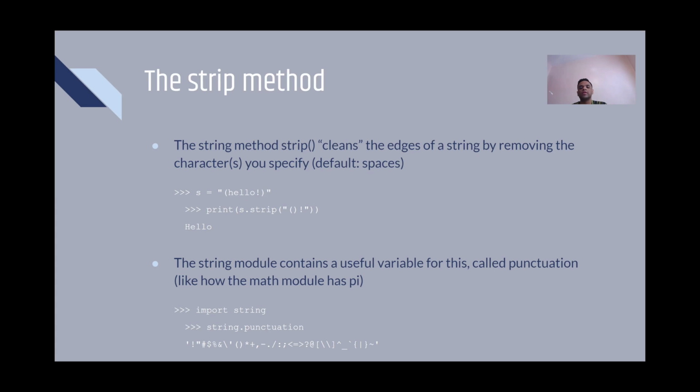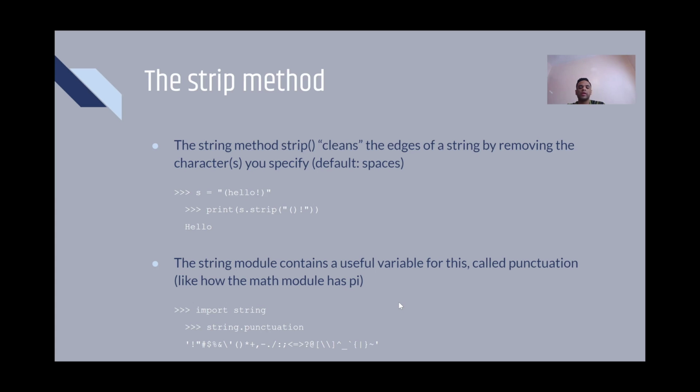So let's say you didn't have these parentheses, and you just threw in the strip, it's just going to get rid of these parentheses, and it's still going to keep the exclamation point, because strip only cleans the edges unless you pass in that parameter.